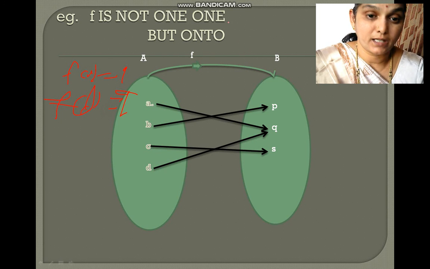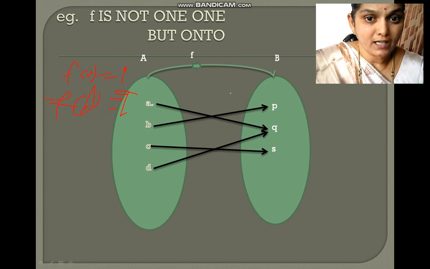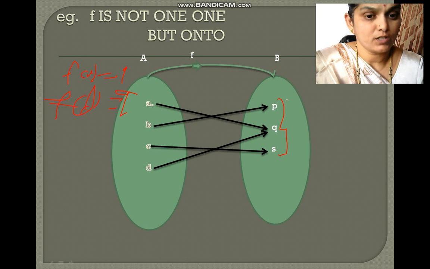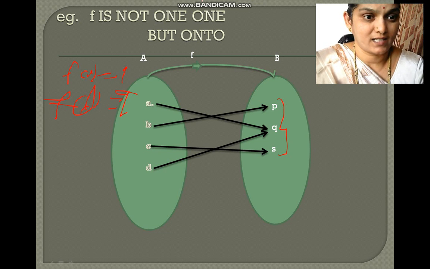It is a function but it is not a 1-1 function. But it is an onto function because every element of the codomain has its pre-image in the domain set. This means the codomain is equal to the range. The range is PQS, the codomain is also PQS. This is an example.